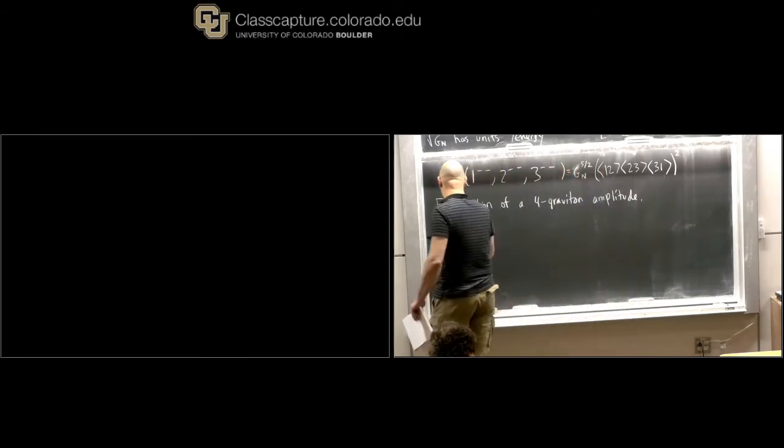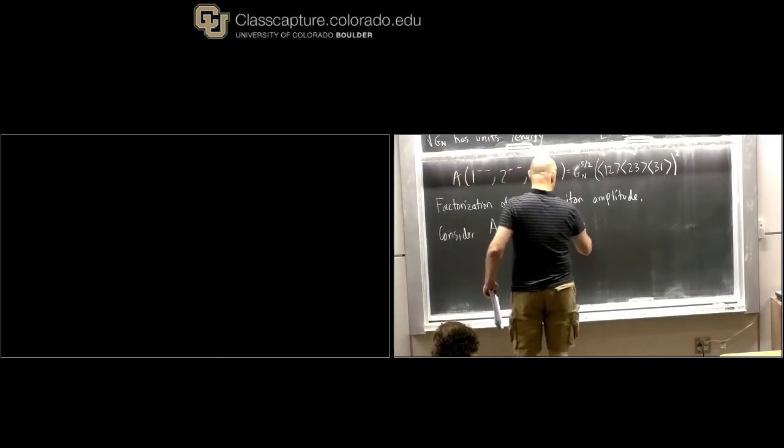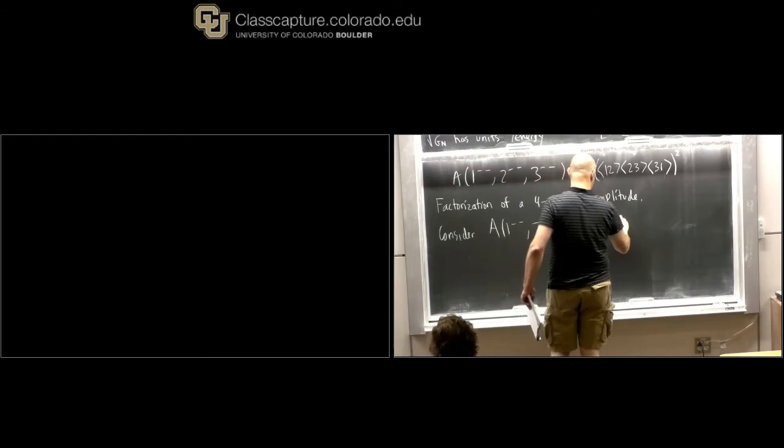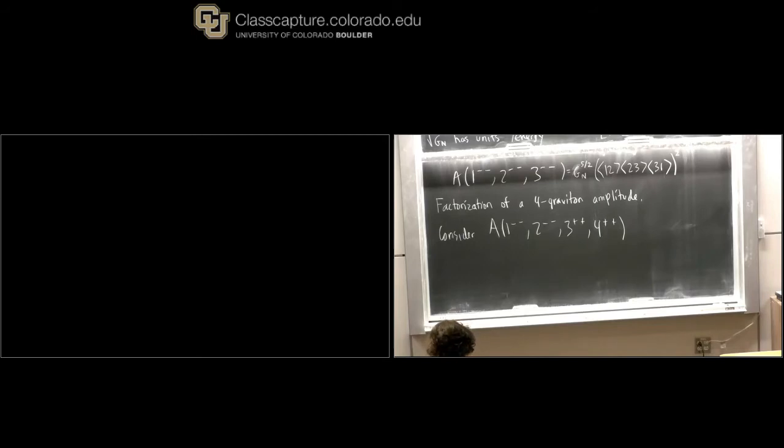So let's consider the amplitude A, 1 minus minus, 2 minus minus, 3 plus plus, 4 plus plus. And let's make a list of what we know about it. It must be proportional to G Newton by factorization.